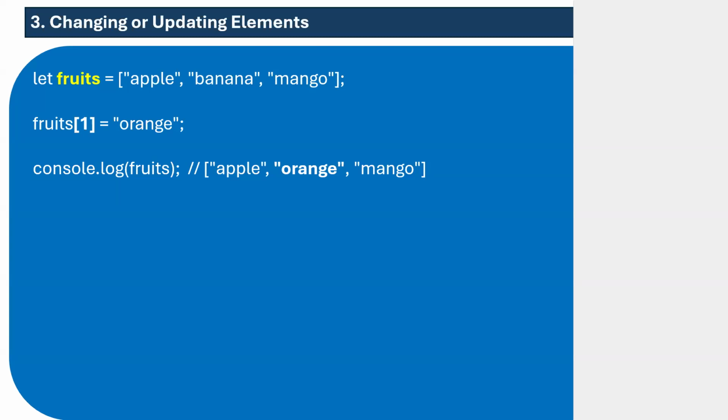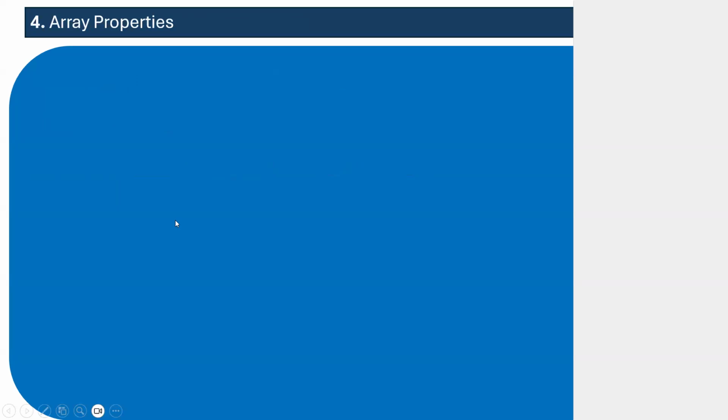But for any programming, definitely I'll jump to Visual Studio Code or any online JavaScript compiler. Okay, this is the third operation, changing or updating. Let's talk about one more thing, guys, properties, and we have only one property of array. This is similar in Java and Python. So here, length, I think you can directly expect this. It gives the total number of elements in the array. And I'm sure you get confused.